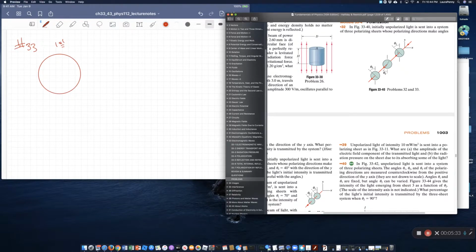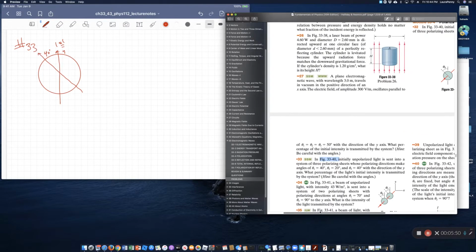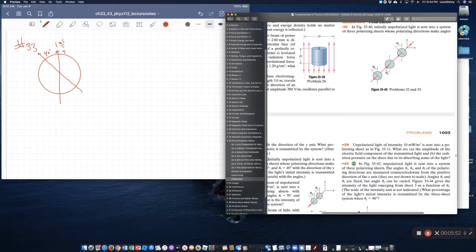Where oriented to the y-axis, it's got an orientation of theta 1 as drawn, where theta 1, our problem tells us, is 40 degrees. The second one, so we have a second polarizer, and I might as well draw the third one while I'm in my circles.